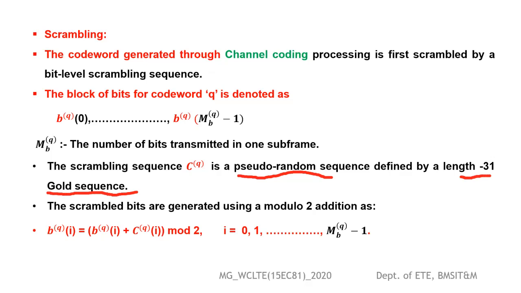It will be denoted like this with this symbol: b~^(q)(i) is equal to (b^(q)(i) + c^(q)(i)) mod 2.